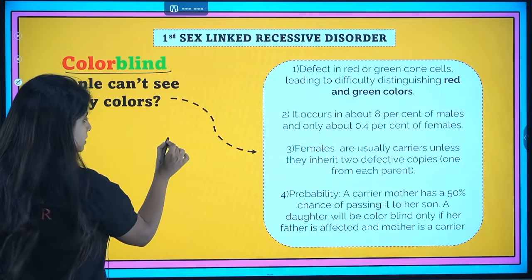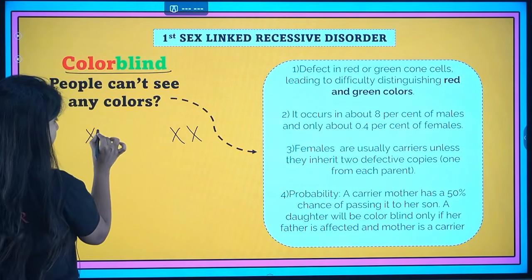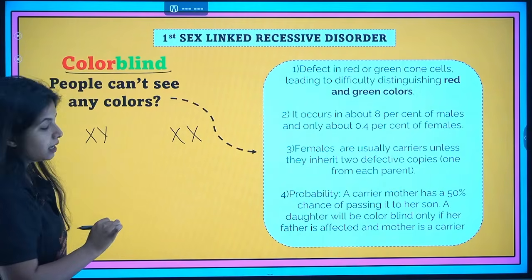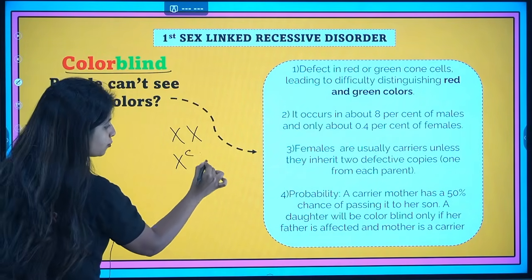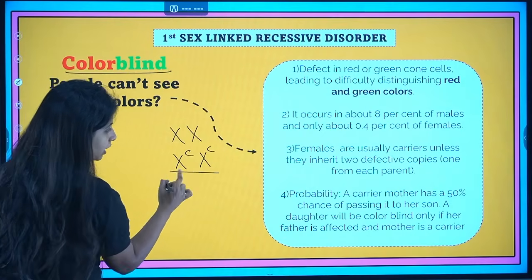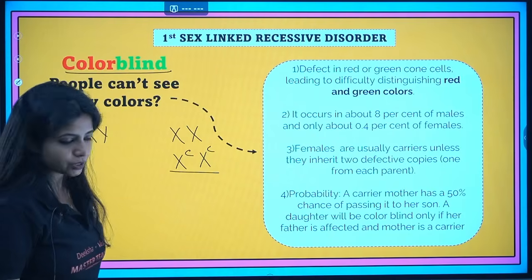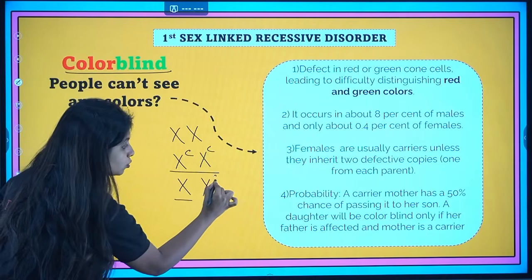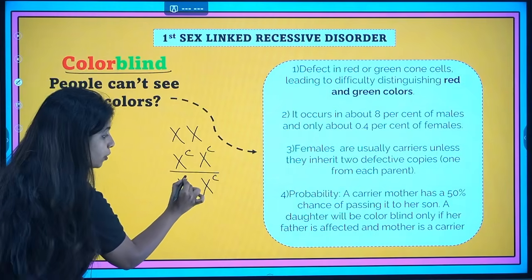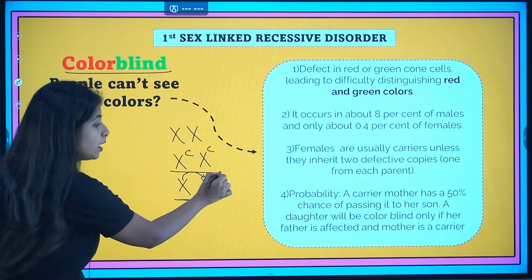For example, say this is a female and this is a male. For a female to have a disease, she should have both of her chromosomes affected, because recessive disorders express only in recessive condition. If she has one normal chromosome and one affected chromosome, the normal one will dominate, so she will not have the disease.